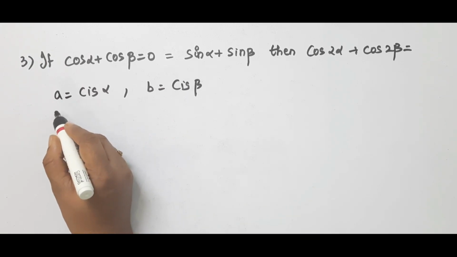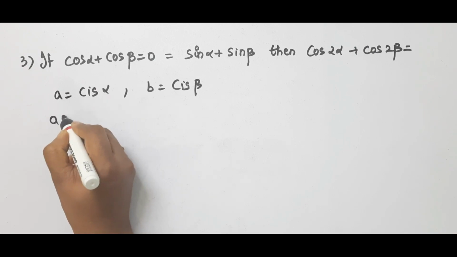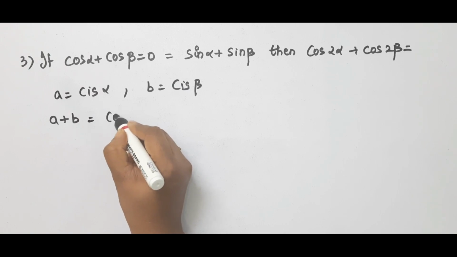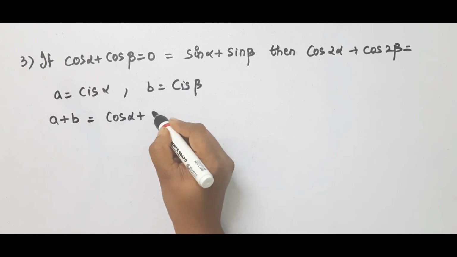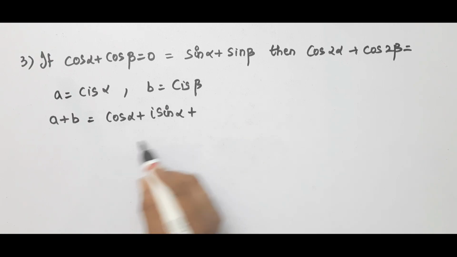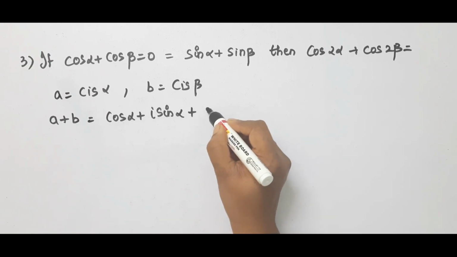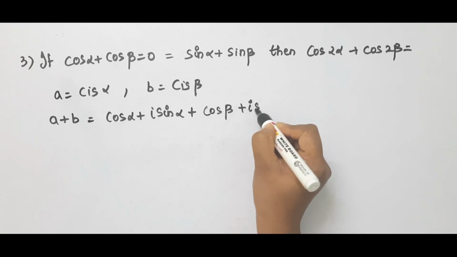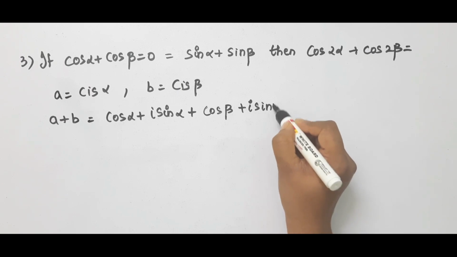Then simply add these two, A plus B. So this becomes cis alpha, which is nothing but cos alpha plus I sin alpha, plus B is nothing but cis beta. Cis beta means cos beta plus I sin beta, is it not? We have studied in previous video part 1.